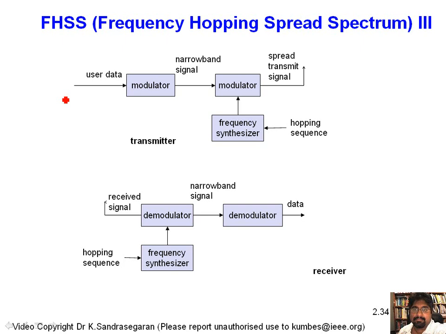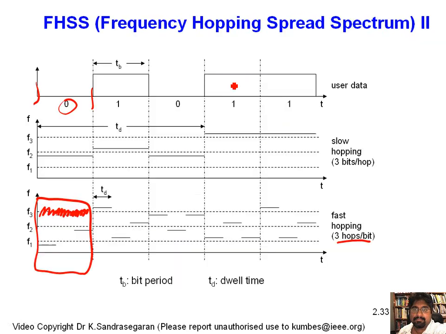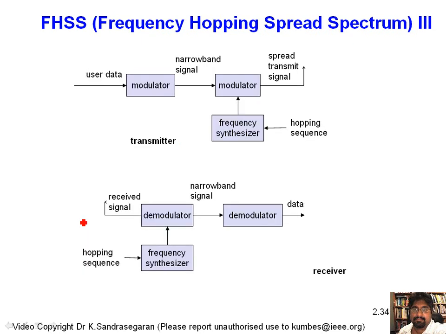The block diagram of frequency hopping spread spectrum takes your user data, you modulate it straight away, and then the modulated signal is multiplied by the hopping sequence. The hopping sequence is fed into a frequency synthesizer which changes the carrier frequency, so your carrier frequency changes from F1 to F3 to F2 based on the hopping pattern.